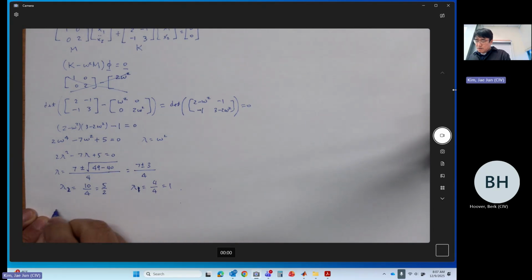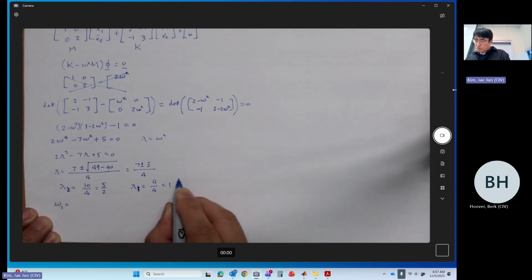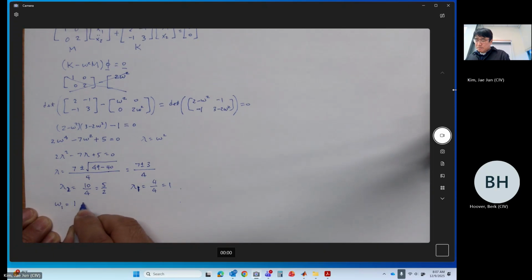So omega 1 is the square root of 1, which is 1 radians per second. And then omega 2 is the square root of 5/2 radians per second.